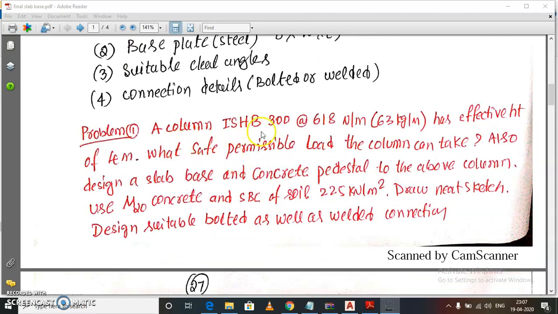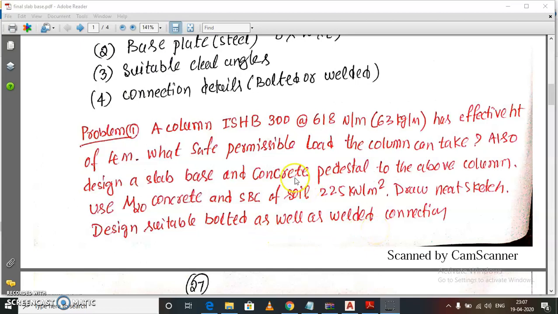A column ISHB 300 at 680 Newton per meter has an effective height of 4 meter. What safe permissible load can the column take? Also design a slab base and concrete pedestal for the above column. Use M20 concrete and SBC of soil 225 kN per square meter. Draw a neat sketch. Design suitable bolted as well as welded connection.